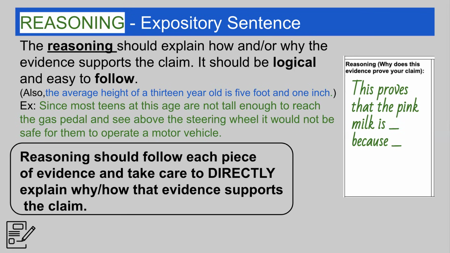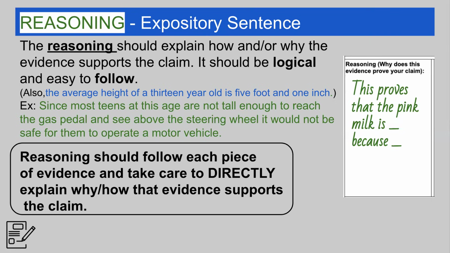Reasoning should follow each piece of evidence and take care to directly explain why or how that evidence supports the claim. You want to read your paragraph before you submit it to make sure you're meeting each of these points. Does this reasoning directly support my evidence?